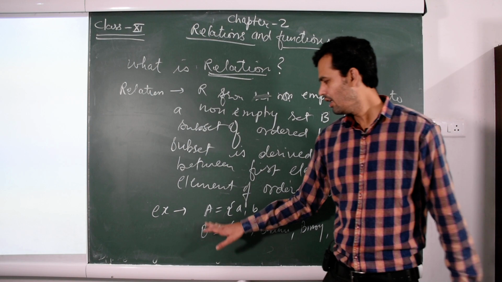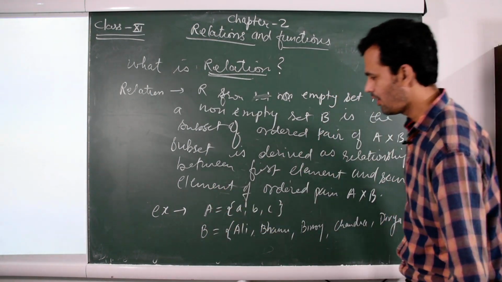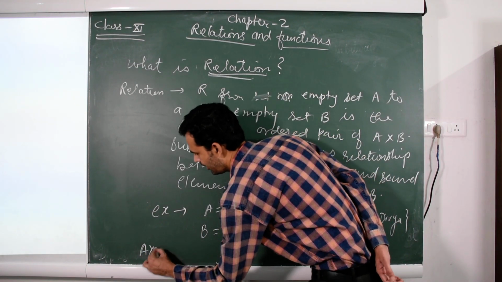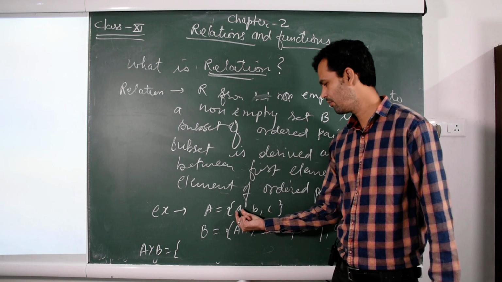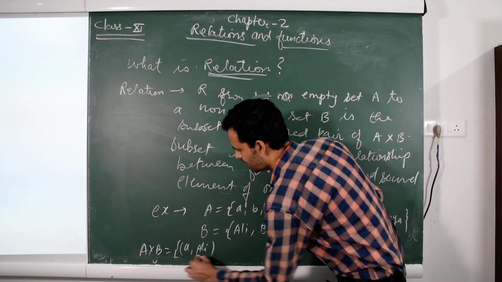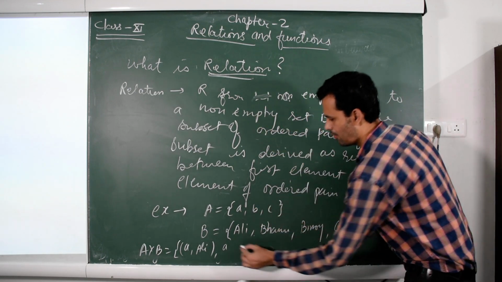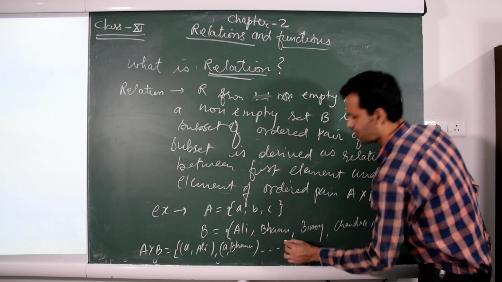So first we find the ordered pairs of A into B. A into B equals all ordered pairs. We write all ordered pairs as A Ali, A Bhanu, and so on.